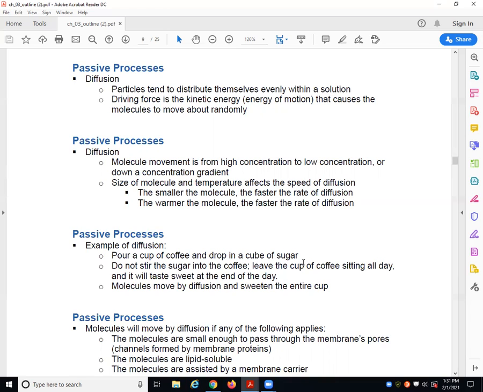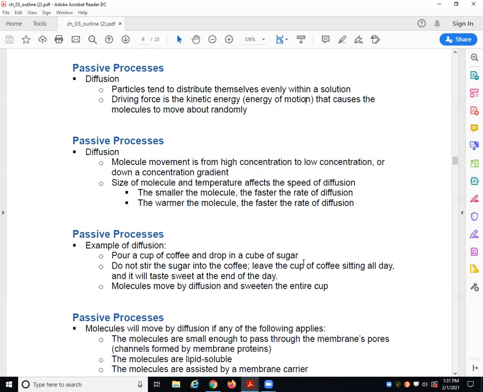It's important for you to understand how molecules move relative to their size and their temperature. Small molecules can move faster.